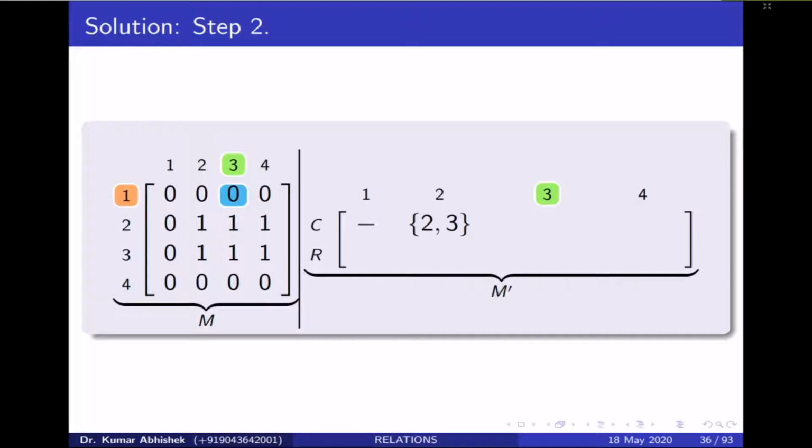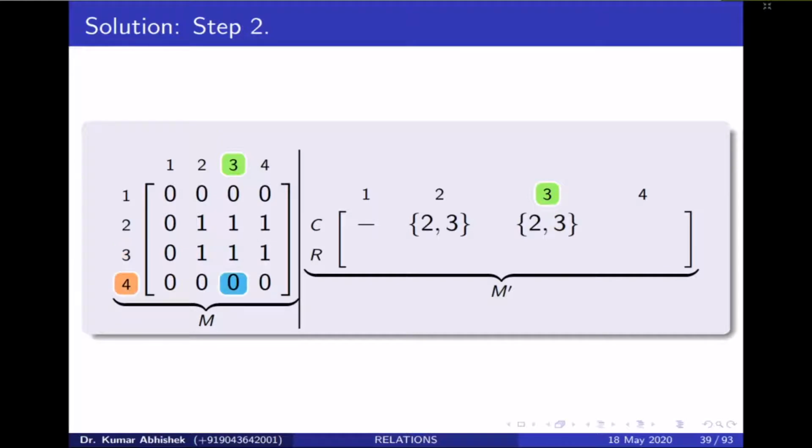And you can see here, in the second row under the third column there is a non-zero entry, so we have recorded the position in the third column of the first row of M dash. Similarly, there is a non-zero entry under the third row and the third column of M, and that position we have recorded in the third column and the first row of M dash.